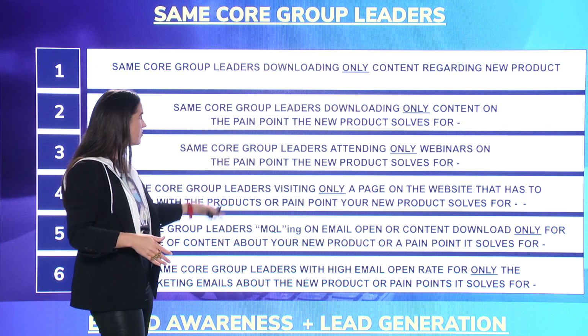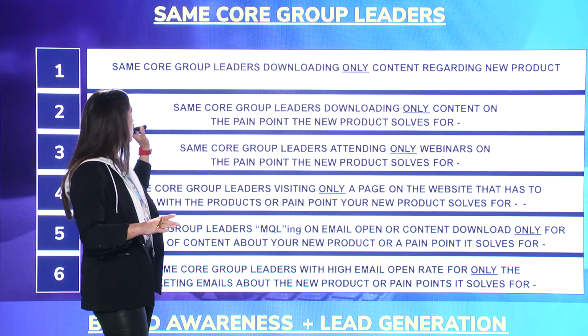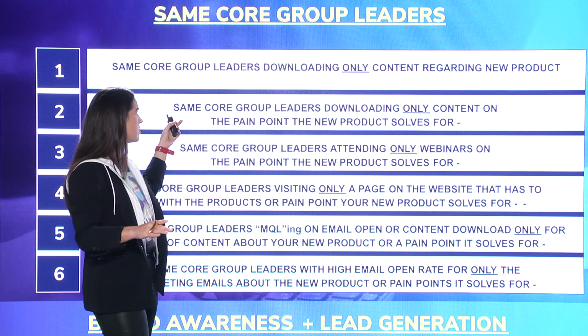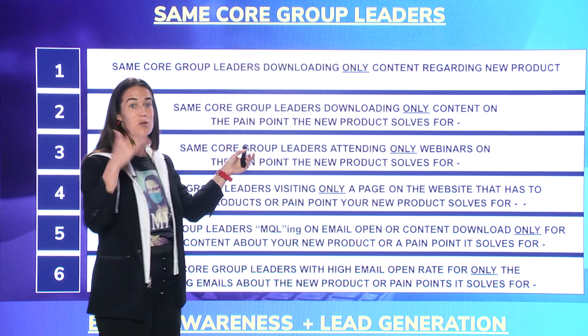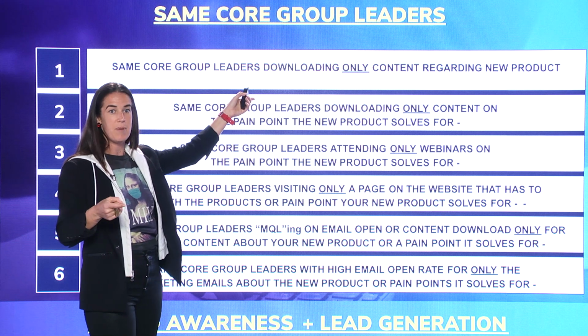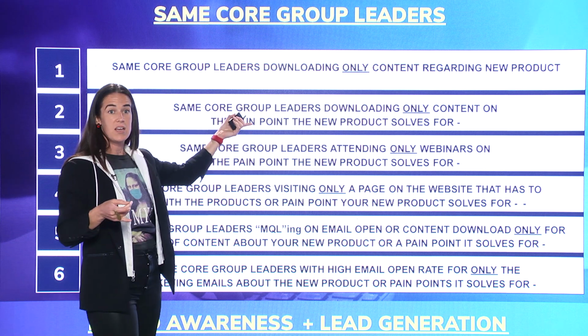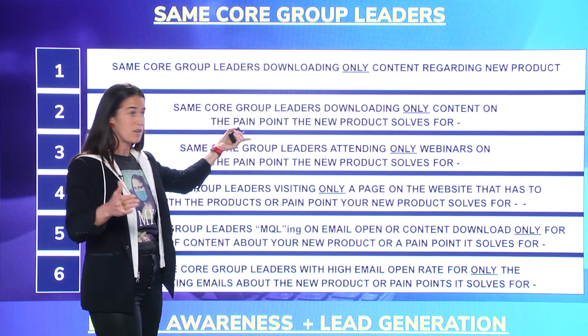So number of different examples here. You're going to start to see some trends. Is that same core group of leaders downloading? So Luke, in this instance, who was the purchaser for the BDR team, is Luke downloading any content about the new product? Is Luke downloading any content on the pain points that product solves for?